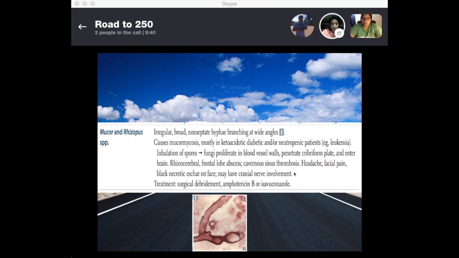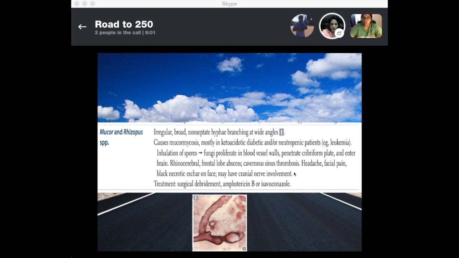So essentially at this point, if a patient is presenting with a black necrotic lesion on their face, it pretty much means that the patient is going to have a bad prognosis. The infection has deeply penetrated and affected the blood vessels.